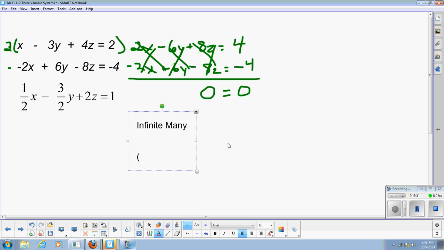And how you read that actually is that the solution x, y, z is a member of any set of numbers that works in the equation x minus 3y plus 4z equals 2. That's a fancy way of saying infinitely many.